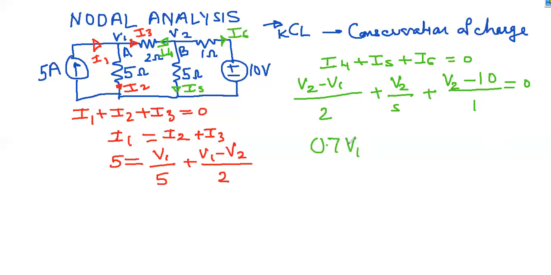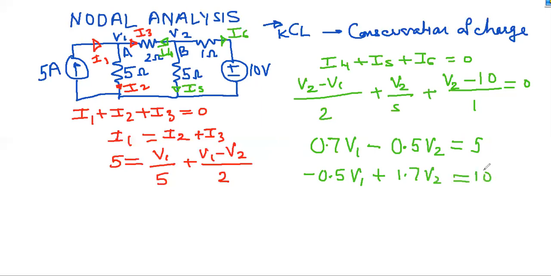With respect to equation 1, 0.7 V1 minus 0.5 V2 is equal to 5, and the next equation, minus 0.5 V1 plus 1.7 V2 is equal to 10. These come from equation 1 and equation 2 in the form of equation 3 and equation 4.